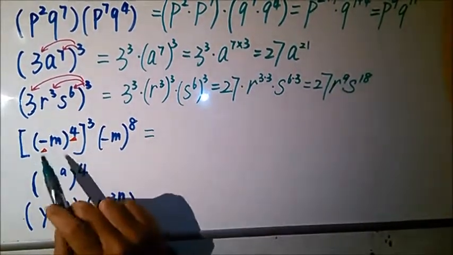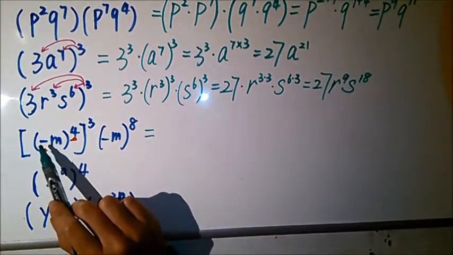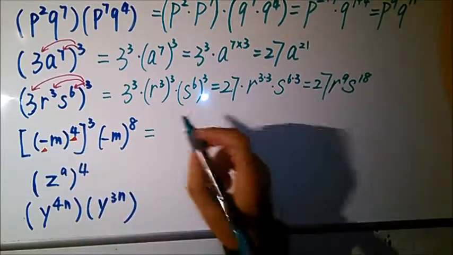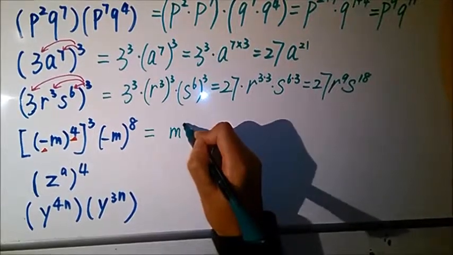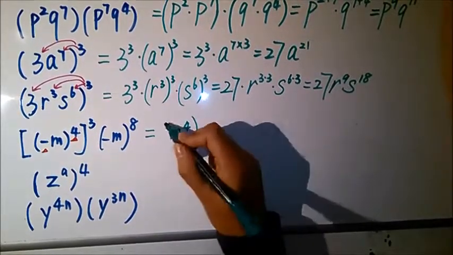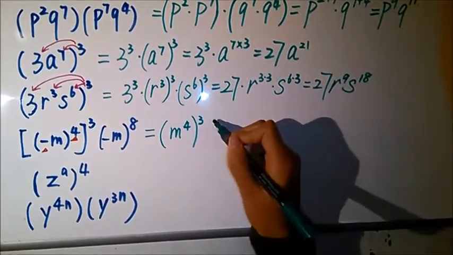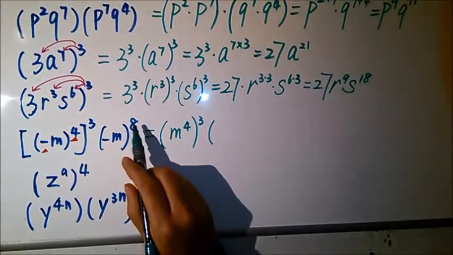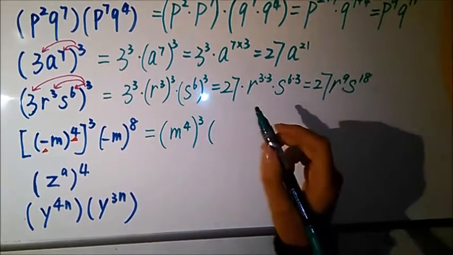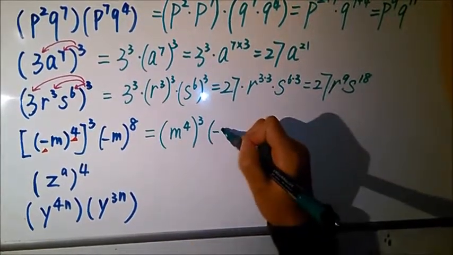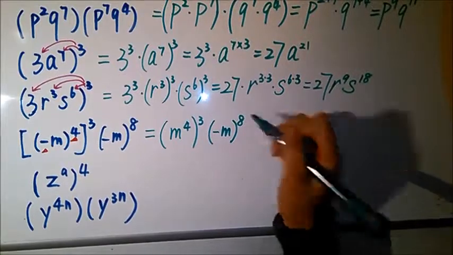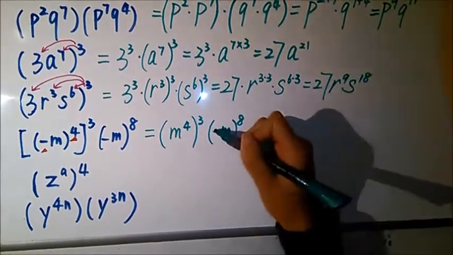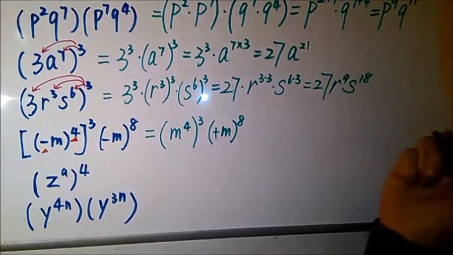So for that one, negative m to the power of 4 will be positive m to the 4th power, all cubed, times negative m to the power of 8. Good. Okay, so this one will also be positive. Negative m is inside the parentheses. The power is an even power, so it will be positive. Good.